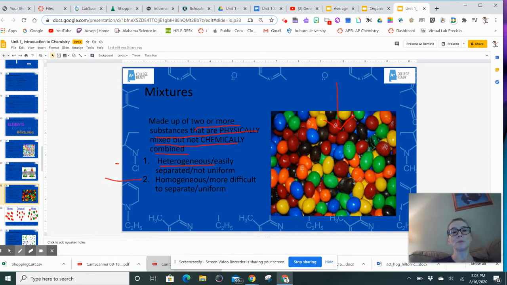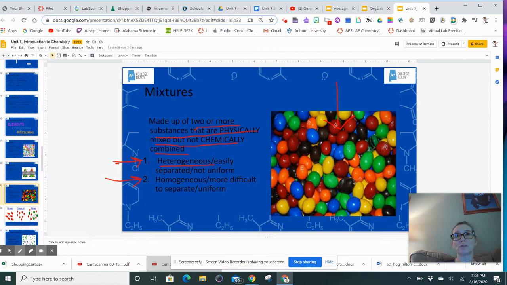A homogeneous mixture can also be separated, but homogeneous means the same. So it can be separated. It's just more difficult to separate because it's uniform. I can't see one part from another part. It all looks the same. Okay, so salt water would be a good example of a homogeneous mixture. I know there's salt in it. I know it's salt and it's water, but the salt is spread evenly throughout the solution.